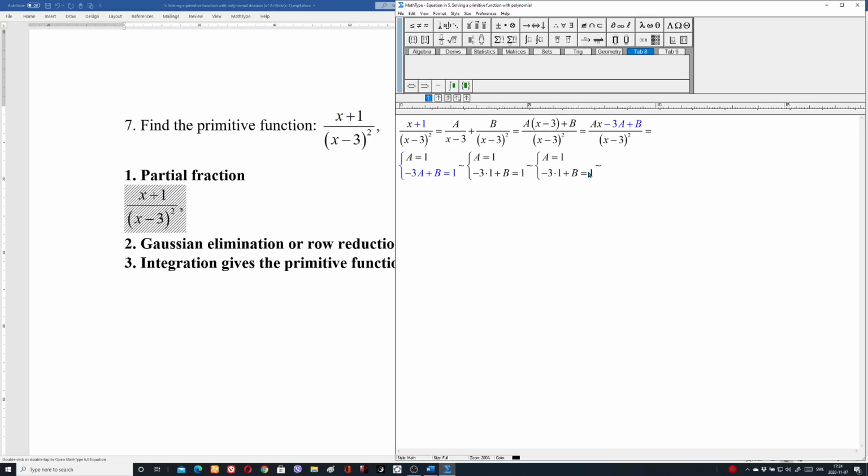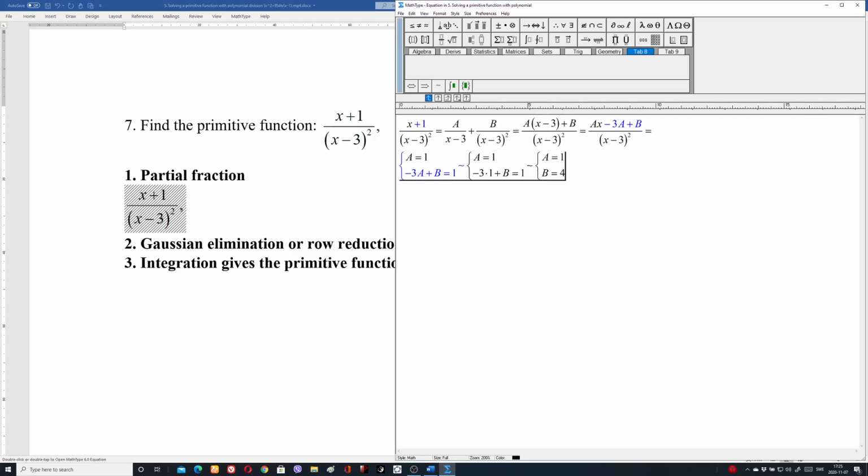And this minus 3 goes to the other side, which means we will have 1 plus 3, and this gives the 4.